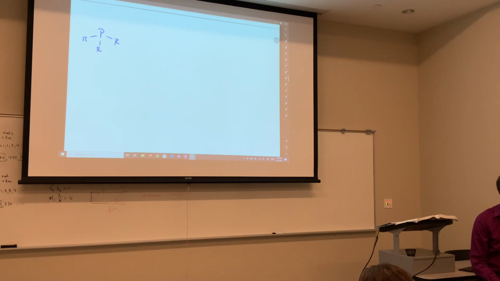So phosphorus is where on the periodic table? It's under nitrogen. Okay, so what do we know about nitrogen? We've seen that quite a bit more. What are some of the important properties of nitrogen? They've got a lone pair.